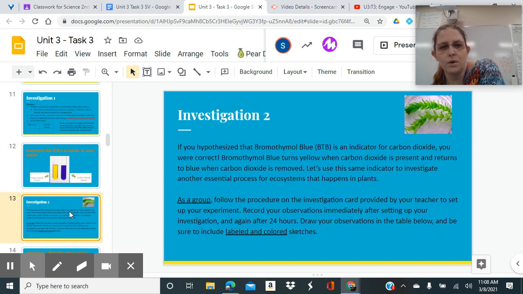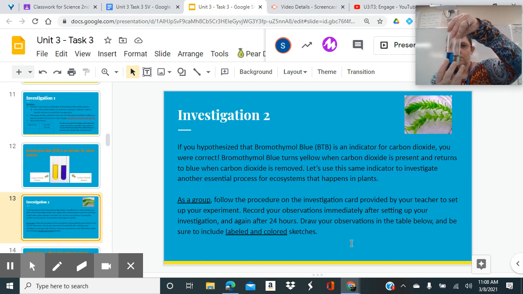What we did next was we had our BTB blue, an indicator for carbon dioxide, and we turned it yellow. So now we did an experiment using these two. We put BTB blue in both of these, and then two Elodea plants in this one. We covered them with aluminum foil, and we let them sit overnight.